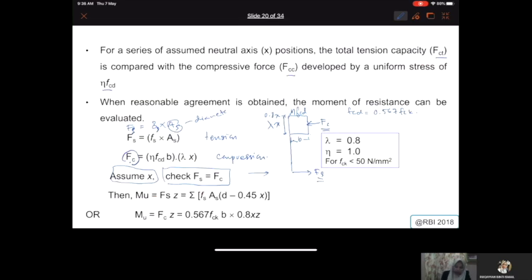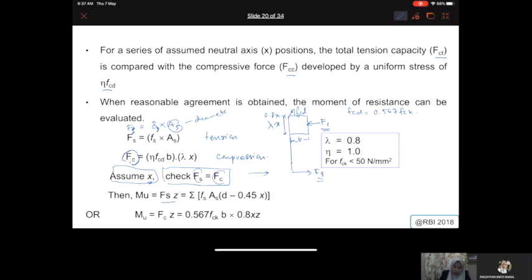Here is where you get your Fs and your Fc, and of course you know your x at the point where the compression force will be equal to the tension force, and you calculate your moment by taking your Fs.